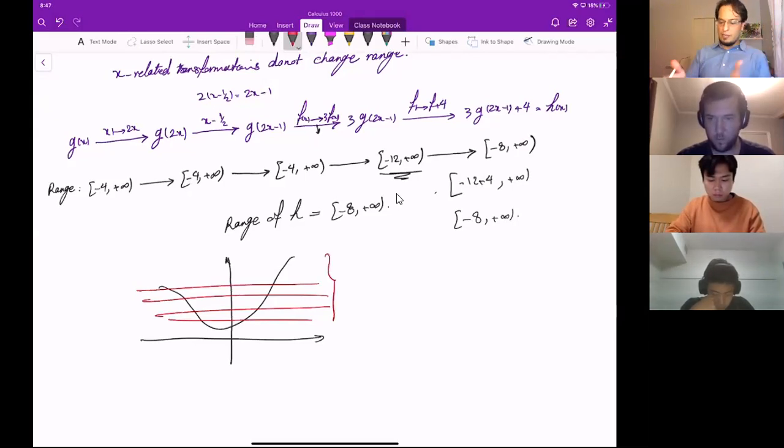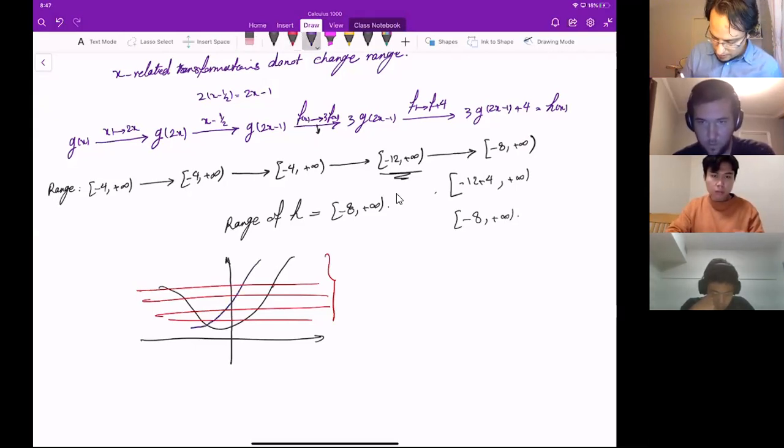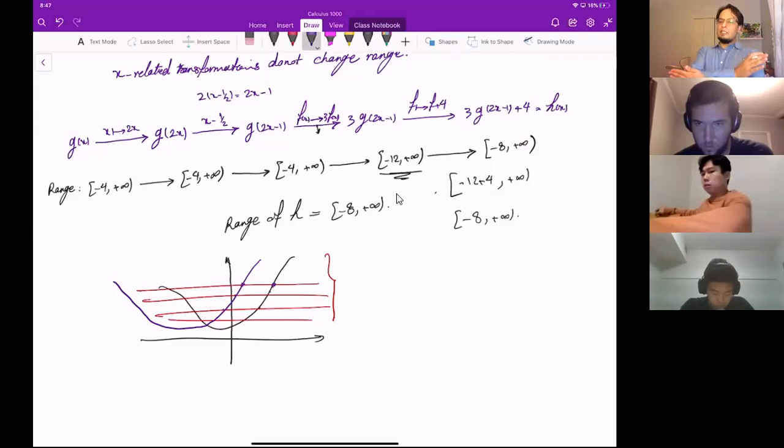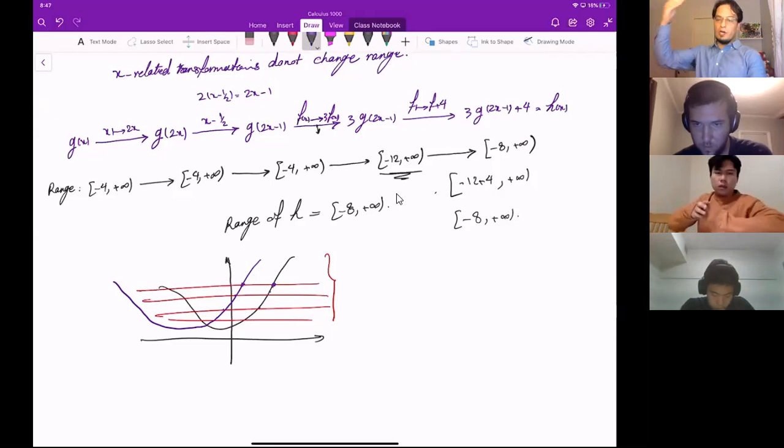It will stay the same because the same line goes up to here, and the same value of y that was taken here before is now shifted a little bit to the left. So in general, the x component, whether it stretches, shrinks, shifts, or even reflects about the y-axis, none of them would change the set of possible values for y, which is the range of the function.